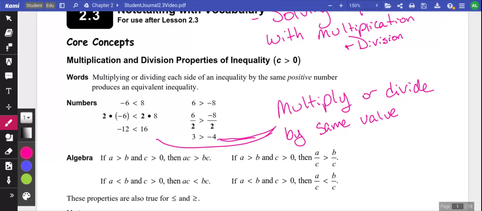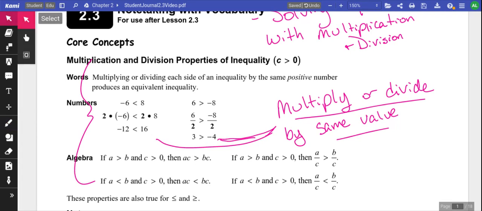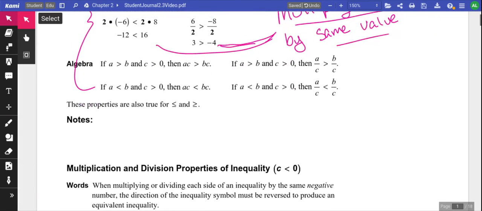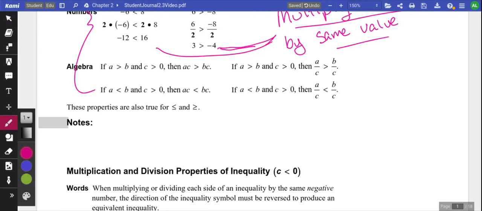Okay, so let's look at this. This is all a lot of ways to say this right here. You want to multiply or divide by the same value. So let's look at some examples. We're starting off multiplying or dividing by a positive number first. So I've got x divided by 5 is greater than 15.